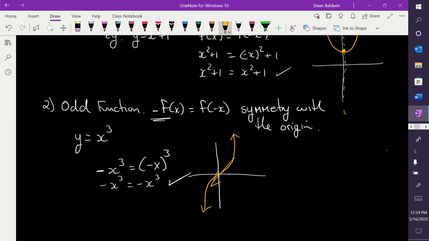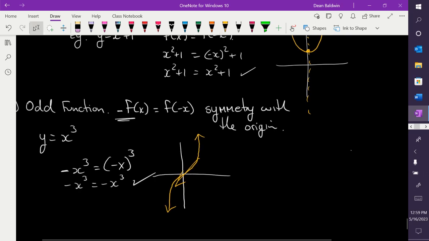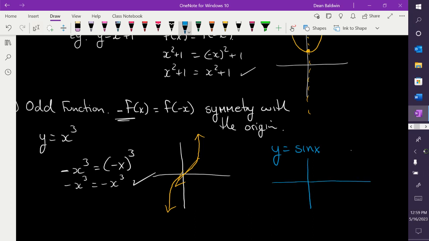All right. Why are these important? Oh, actually, we'll do the sine functions. The trig stuff's important too. y is equal to sine of x. Let's think of the graph of the sine function. What does the graph of the sine function look like?